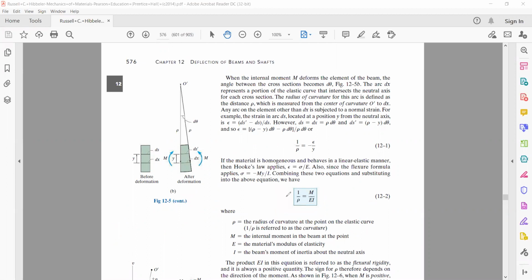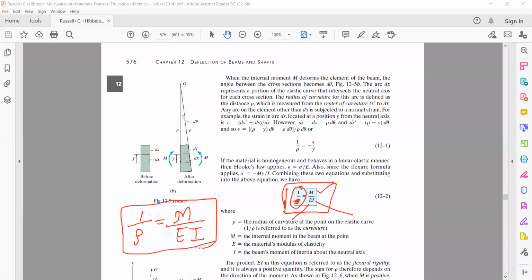Here M is the bending moment across the section, E is the Young's modulus of elasticity, I is the moment of inertia, rho is the radius of curvature, and 1 by rho is the curvature. That is, 1 by rho is equal to M by EI.